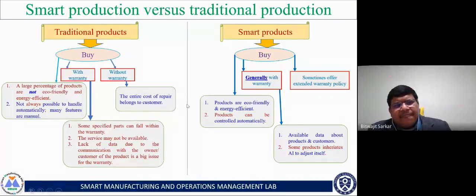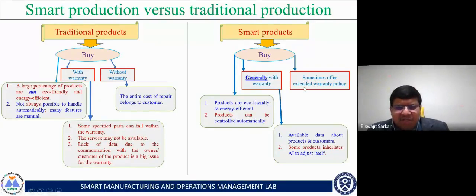Now I'm giving an example of a comparative study of traditional and smart products. Whenever you go for traditional products, you have two options: either with warranty or without warranty. If you go for smart products, generally it is with warranty. Not always, but in 99% of cases it comes with warranty, and in some cases with an extended warranty also.